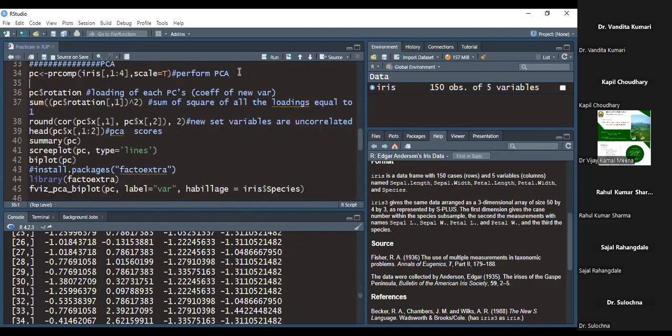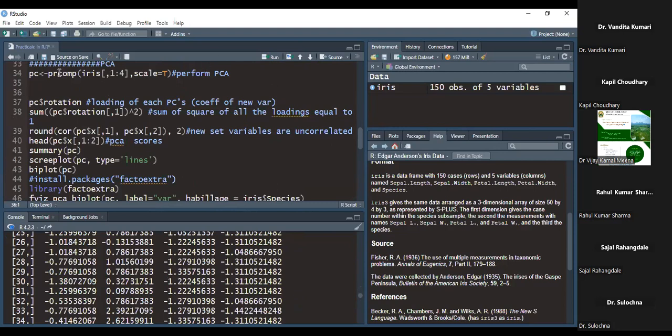Right? Now let's move to perform principal component analysis. In R, as I said, principal component analysis is performed using prcomp. This is the function. And the data set, as I mentioned, is the iris data set. This square bracket, again, denotes a matrix. So we are going to have all 150 rows and the columns from 1 to 4. Why only 1 to 4? 1 double dot 4, because the fifth column is for the species name.